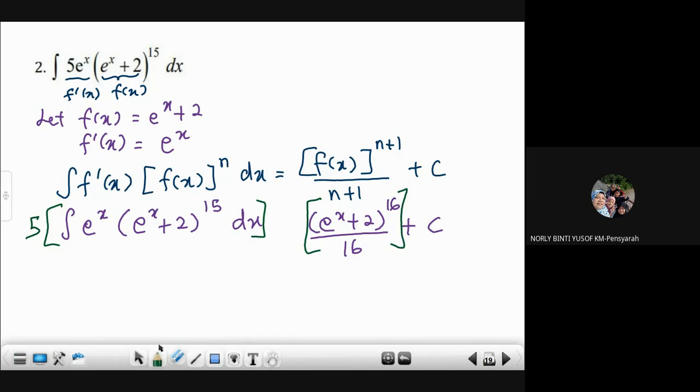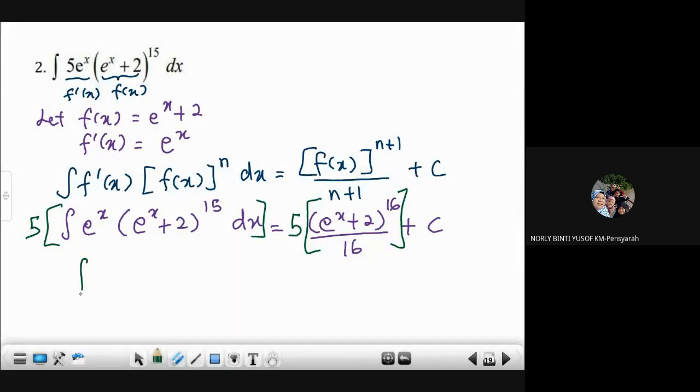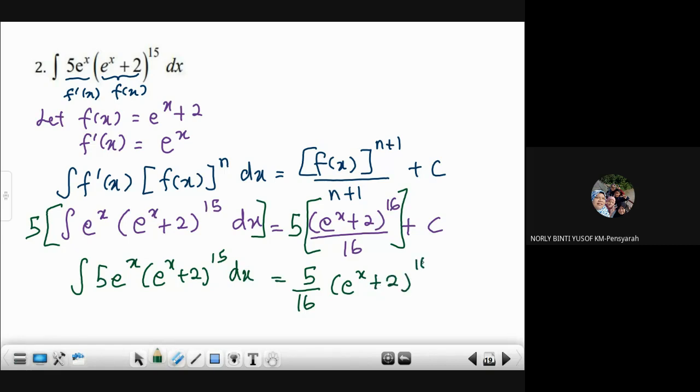C jangan kacau ya. Okay, darablah dengan 5. So kat sini you dapat the original equation but you already apply the formula. So e power of x plus 2, 15 dx equivalents to 5 over 16 e power of x plus 2 power of 16 plus c.